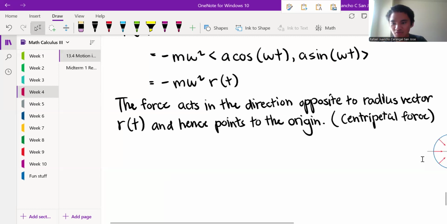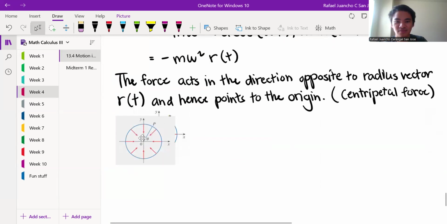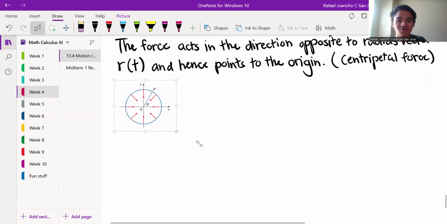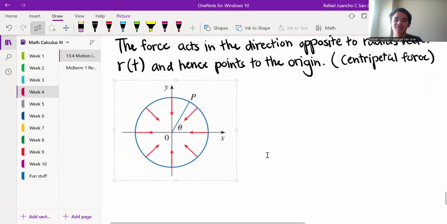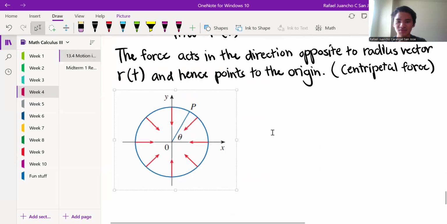The picture is telling us that as this particle moves along this circular path, the force is keeping it to the origin. So it's always going to point to the origin.